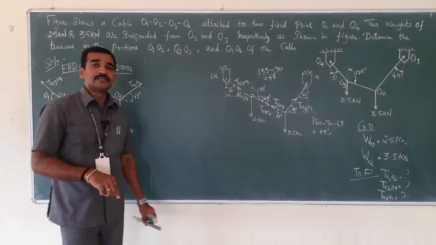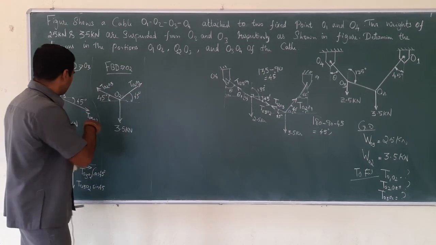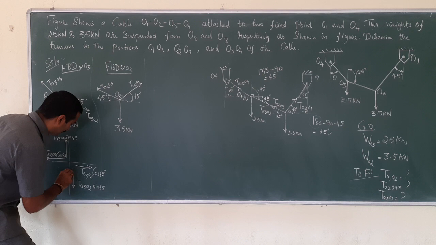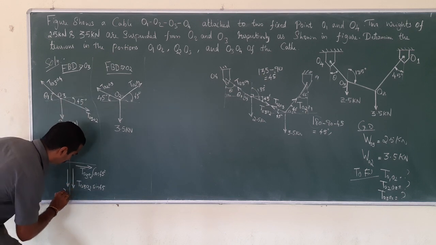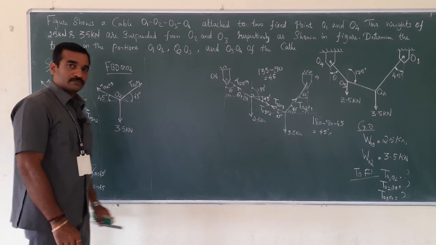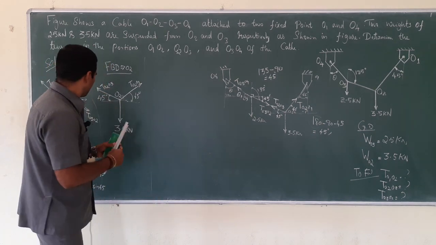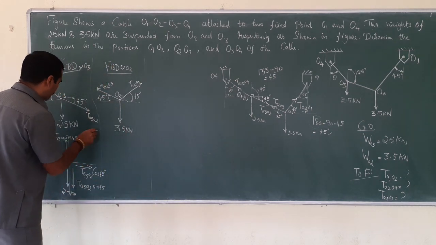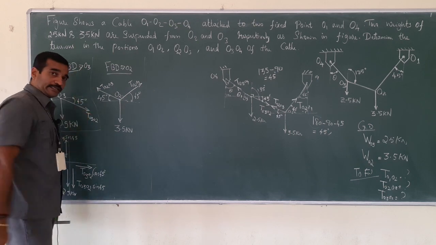In addition to this, its self weight which is acting, that is 2.5 kilonewton, acting vertically downwards. Got it? And this is the resolution force diagram for FBD O3.